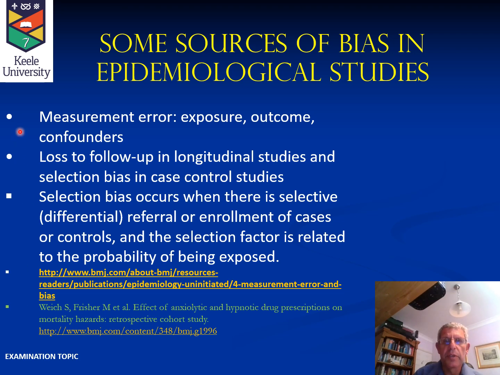However, there is scope for measurement error at all stages of this process, and there are also issues to do with the cases that we follow up. Are they necessarily representative? So there's scope for selection bias, which needs to be carefully looked at in epidemiological studies.